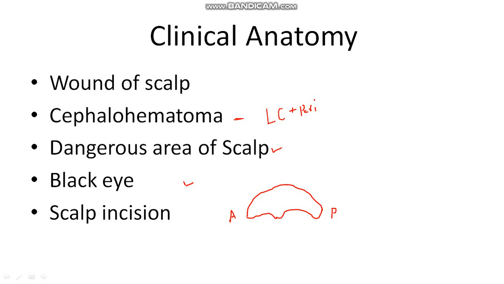In the scalp incision we have to give the incision according to Langer's line. Langer's line is the tension line over the scalp. So the incision has to be given in the direction of Langer's line, like this.